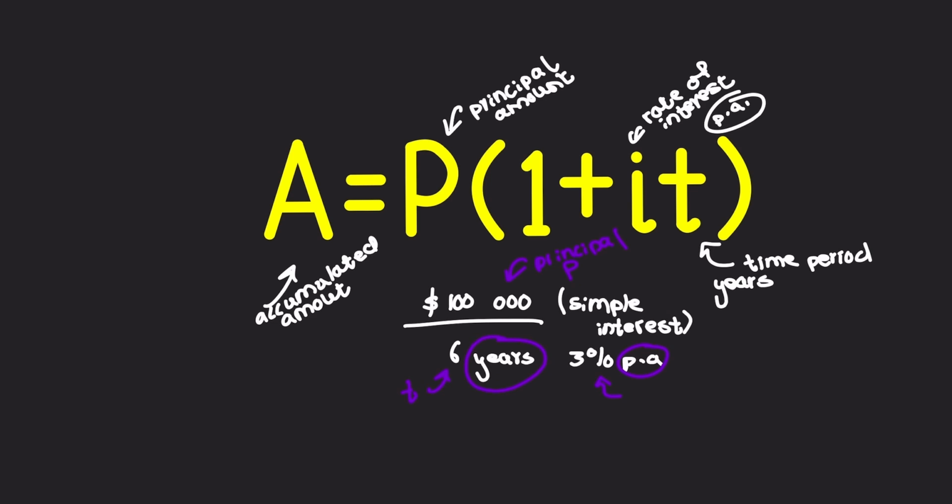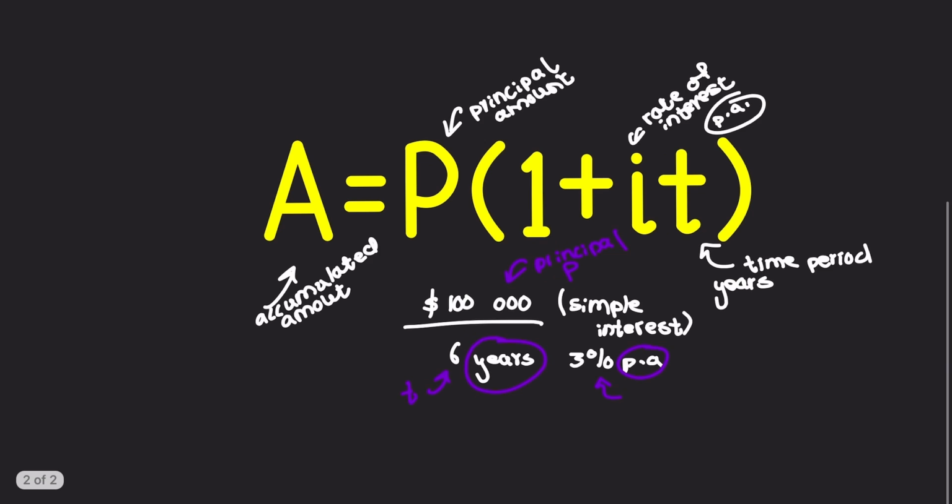And this 3% is your rate of interest per annum. All right, and this here is your I. Okay, but remember, I always has to be a decimal, so this here is in fact 0.03, because remember, 3% is just 3 over 100, right? That's all it means. So that's why it's 0.03.